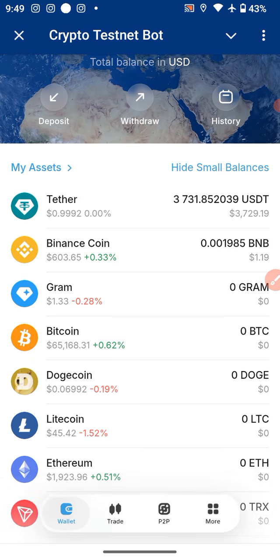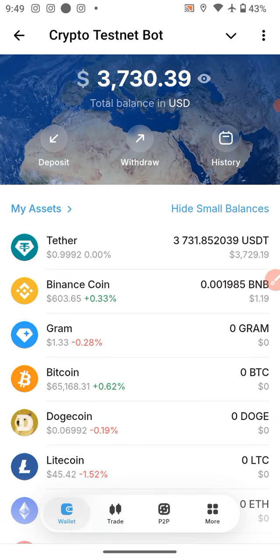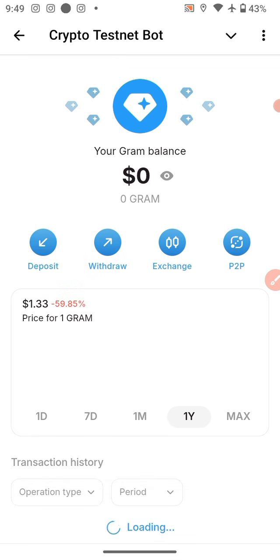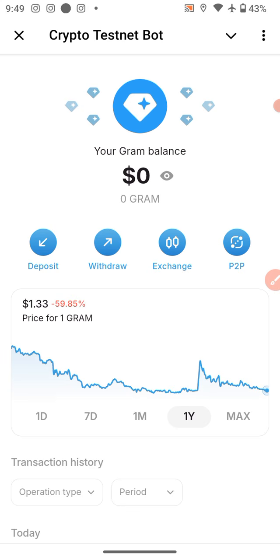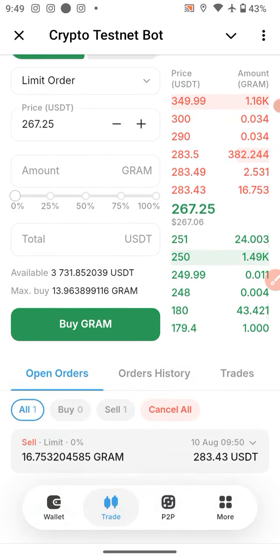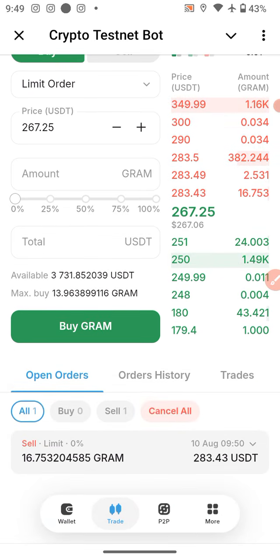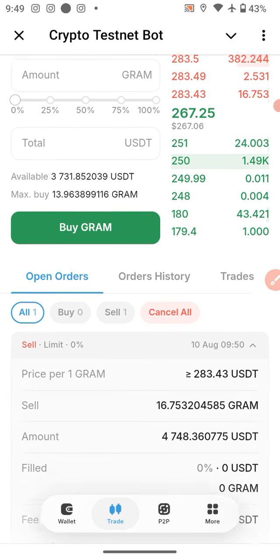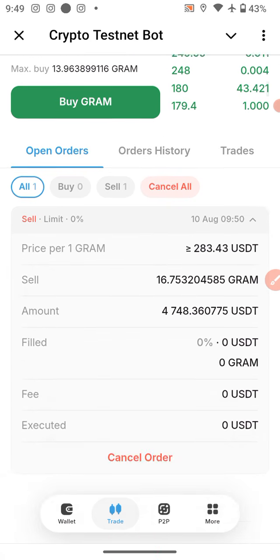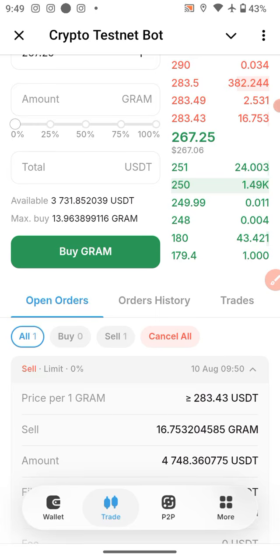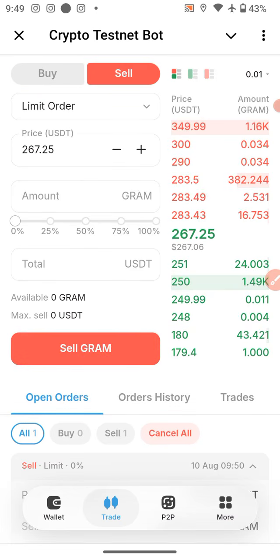all right, you see I just sold this, and of course my gram was minus. If I go to open order, sell limit, you can see it is a sell limit. It has not been executed, however my money has been invested in it, so I'm going to get a minus from my gram wallet.